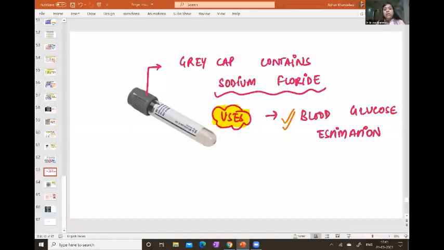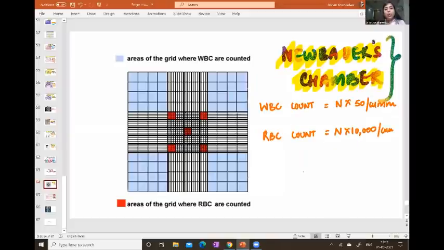Next, this is another image which can be asked in your future exams. This is actually an improved Neubauer's chamber. If you have done your pathology in second year nicely, it's a very, very important practical thing which they give you. They give you WBC estimation by Neubauer's chamber.